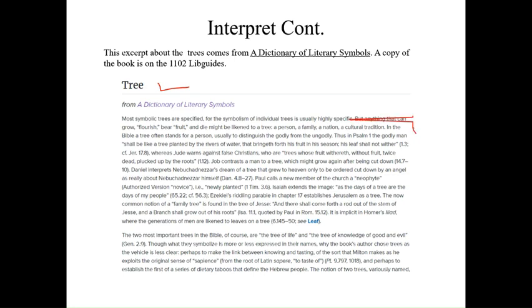As you can see, when you think about a tree, it's very biblical. It could represent Christianity, life. Trees have roots that sometimes represent family traditions, strength. Okay, trees are green. Green leaves represent life.